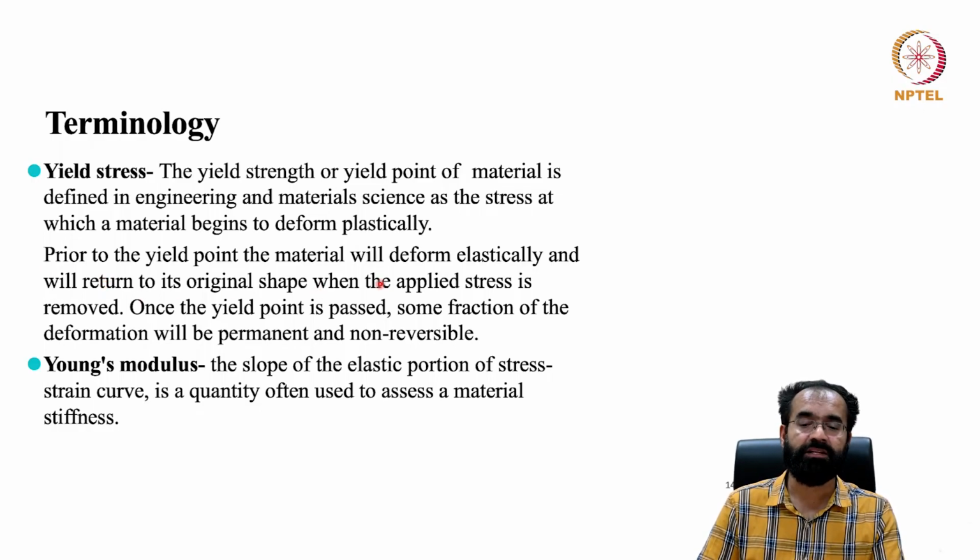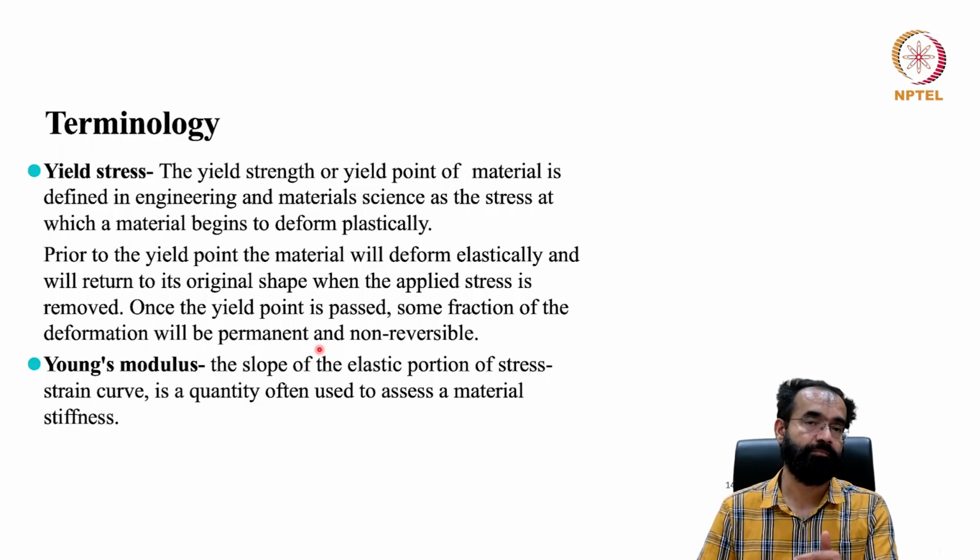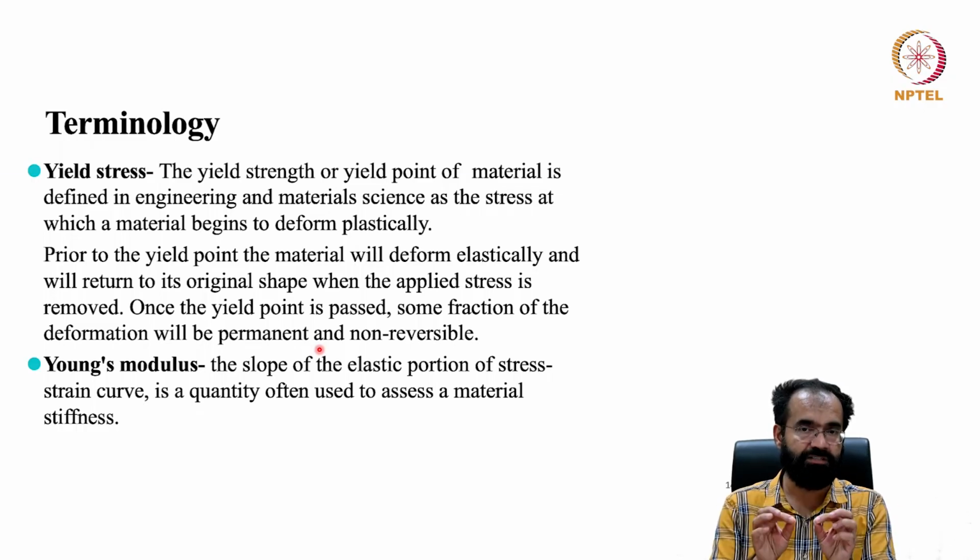Prior to the yield point, the material will deform elastically and will return to its original shape when the applied stress is removed. So this is a good property for a biomaterial to have. Once the yield point is passed, some fraction of the deformation will be permanent and non-reversible. Like I gave the example of the rubber band. If you stretch a 1-inch rubber band multiple times, after multiple stresses it will no longer come back to 1 inch. Once you remove the force, it will stay 1.5 or 2 inch.